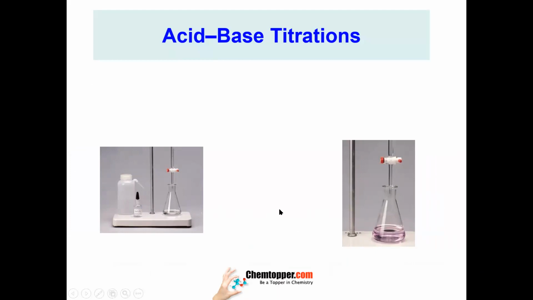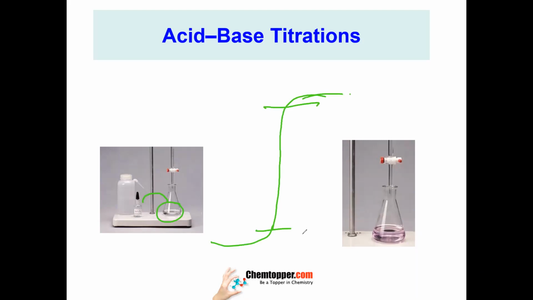See here, Dhruv. This is the indicator which we have added, one drop in this conical flask. There is no color. And at the end of the titration there is always going to be a big change in the pH, like this.